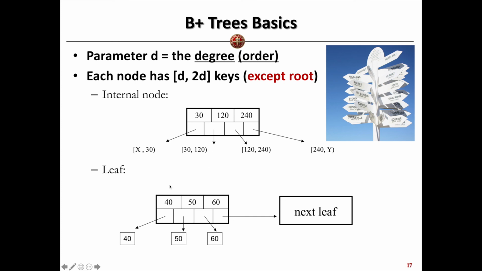The leaf node pointers are pointing to some concrete tuples, and the value also matches or equals such key. It's not a range, it is equality, right, for some tuples. The rightmost pointer is pointing to the next leaf node. It's very different from here, right? Okay, so this is about some basic information about the B plus tree.